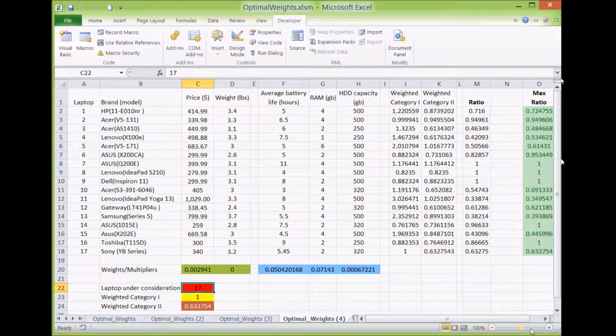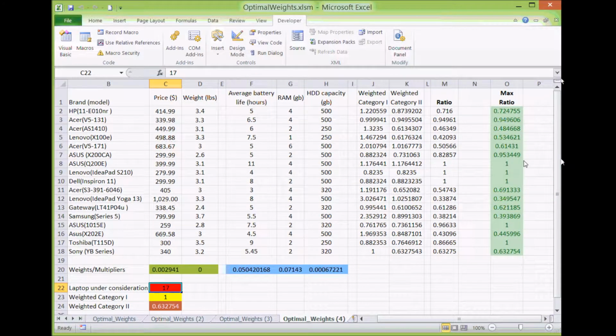As you can see, under this particular condition, the additional condition is saying that the battery life is at least 3 times more important than the weight. Under this condition, these are the ratios.